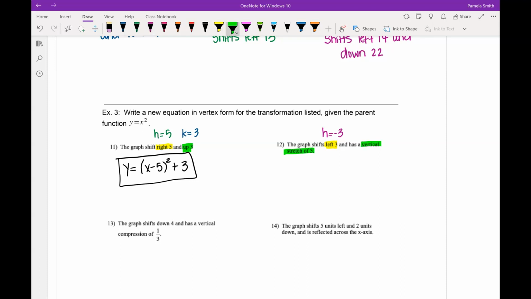Vertical stretch of 5 means that a is going to equal 5. Now, when I put this in, so y equals 5 times the quantity x minus a -3 squared, I end up with that double negative, which is how we get the positive. So y equals 5 times x plus 3 squared.